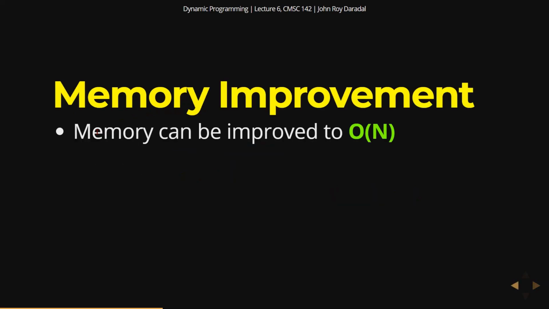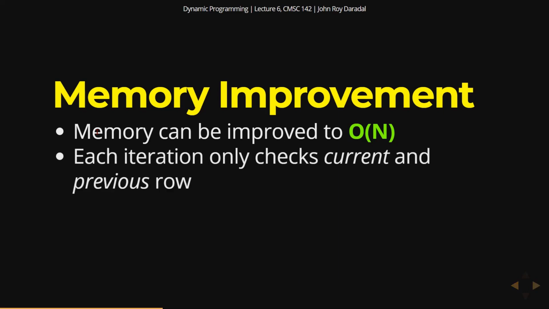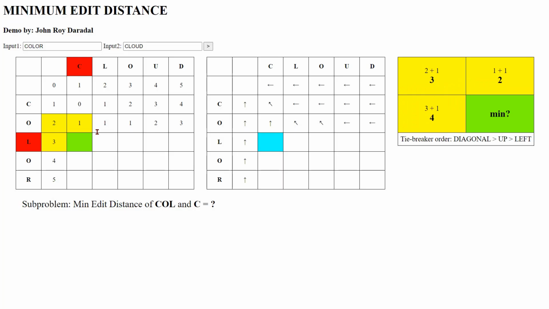However, we could actually improve the memory to O of n, because in reality, each iteration only checks the current and previous row, right? So for this iteration, for example, we're only interested in this row and this row. So when we're already in this row, we don't need the rest anymore, right?